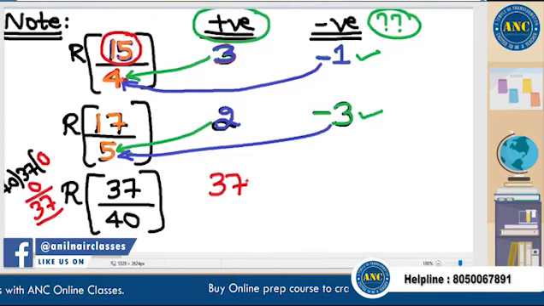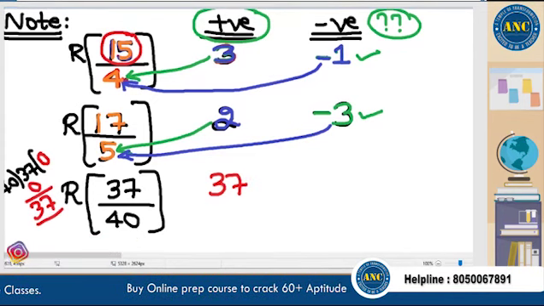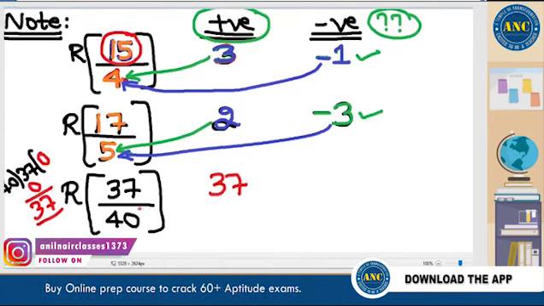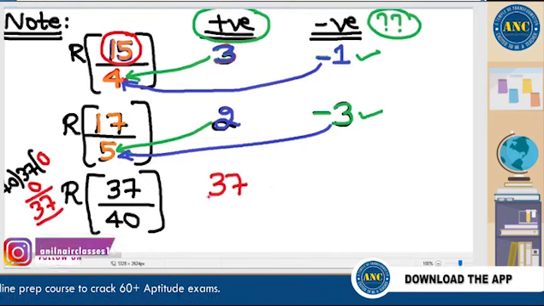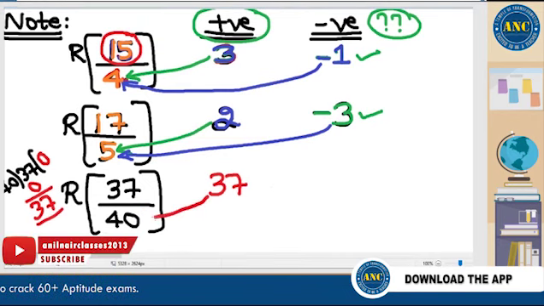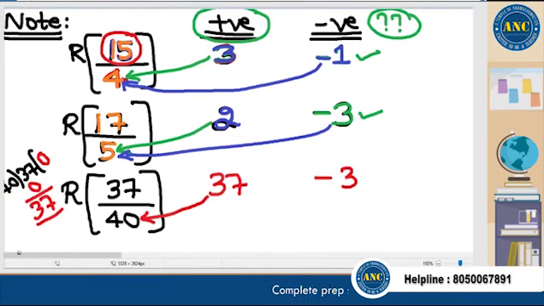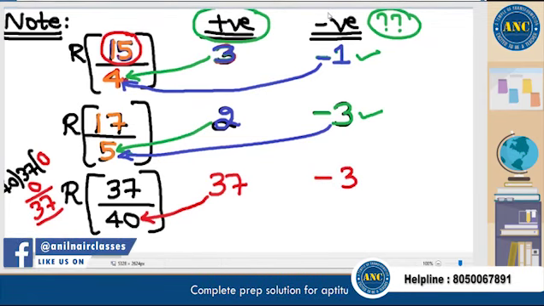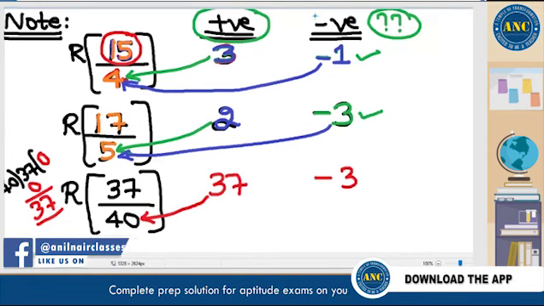Just 2 minutes before I told you a statement. If I know the positive remainder, to get the negative remainder, subtract the denominator. What is 37 minus 40? It is minus 3. That means, can I conclude like this? Observe carefully, sir.